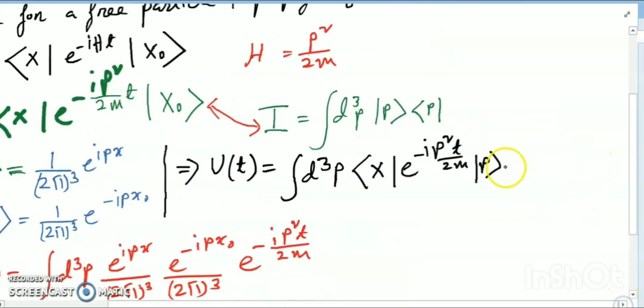Because I am just putting in the identity operator.